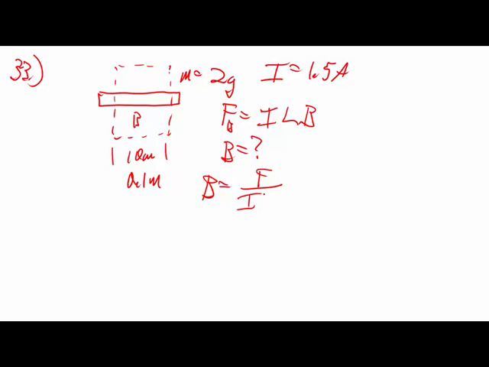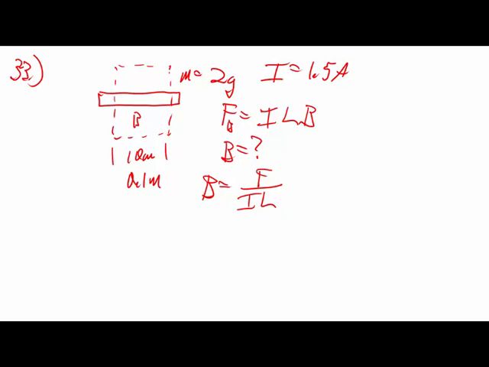Now we can relate the magnetic force to the force of gravity, because notice we are levitating the wire. So in other words, they equal each other. The magnetic force is going to be equal to the gravitational force. Does everybody understand what I'm saying?